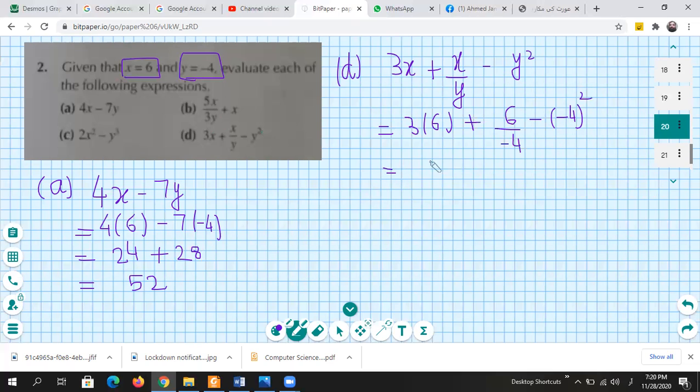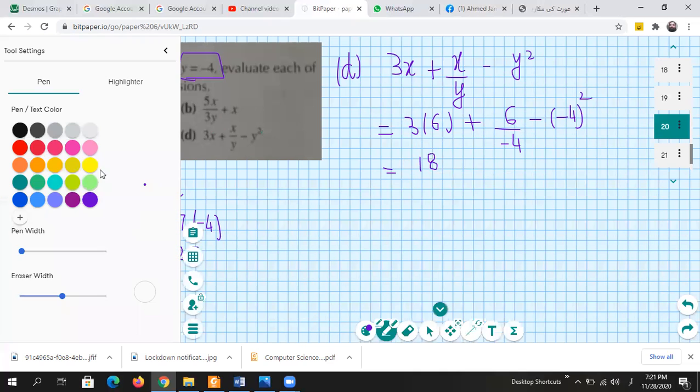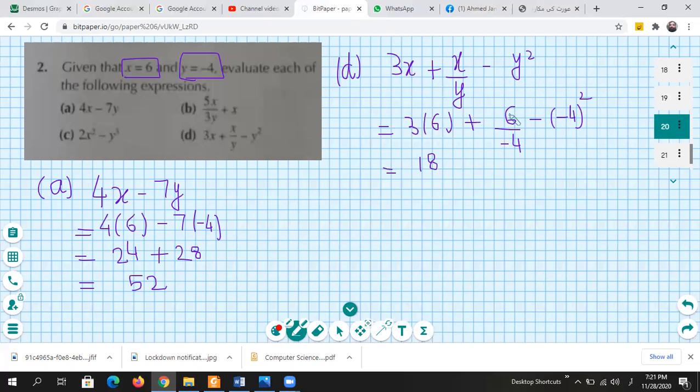All right, simplifying it, 3 multiplied by 6 gives you 18. And this fraction can be simplified by dividing by 2. So 2 threes are 6, whereas 2 twos are 4. Now the positive and negative sign multiplied gives you negative.